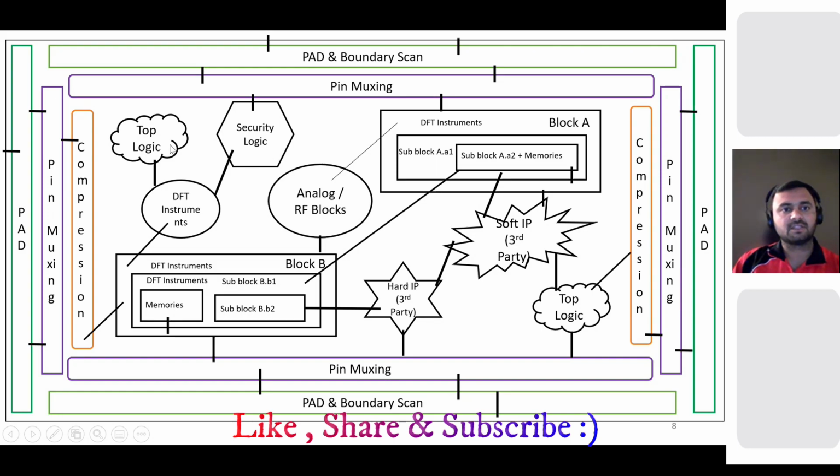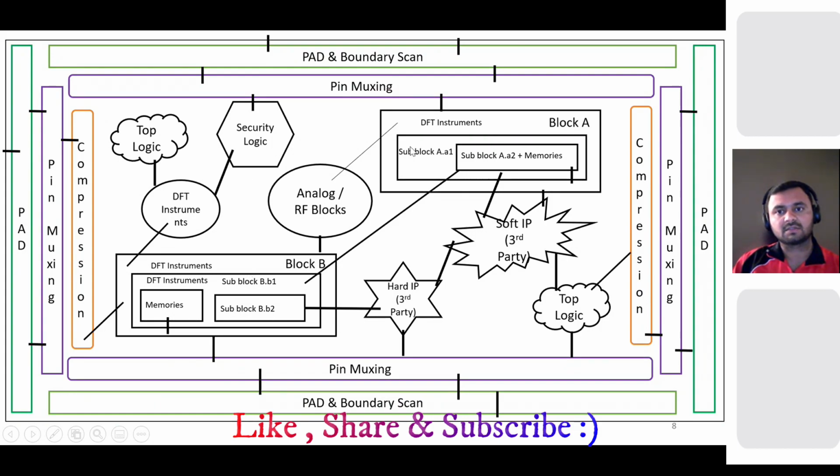And then we have some top logic, some security logic, some DFT instrument, some analog blocks, some hard IPs, some soft IPs. Then we have blocks in a chip. You have many blocks like analog blocks, digital blocks, or, suppose, audio blocks, a Wi-Fi block, a Bluetooth block, a video block.